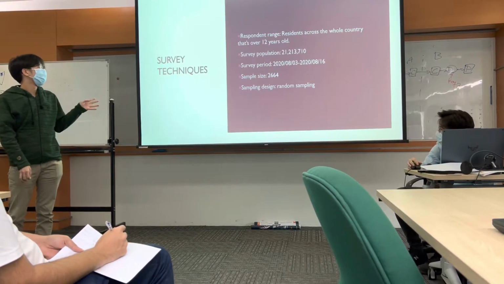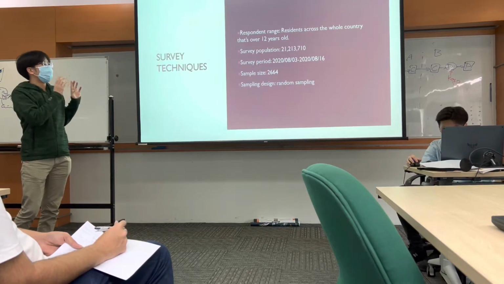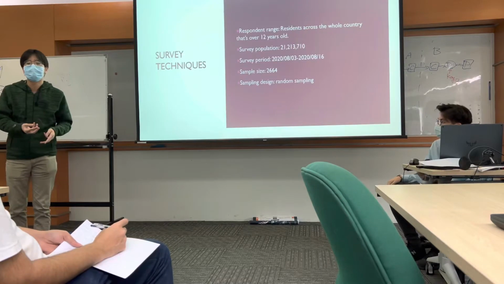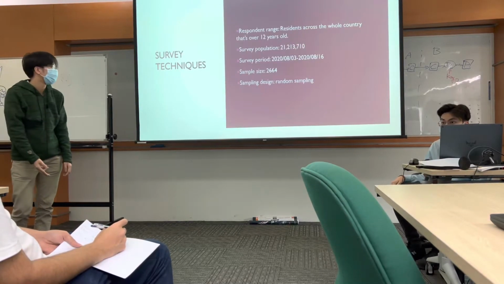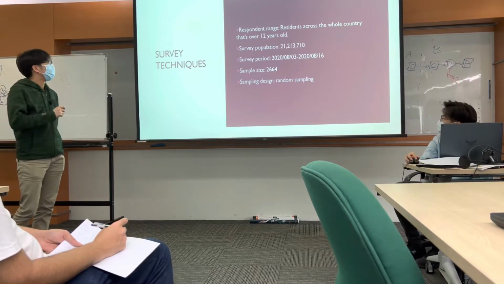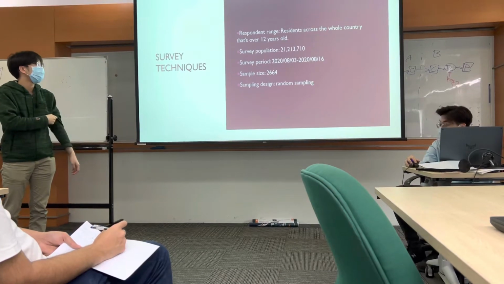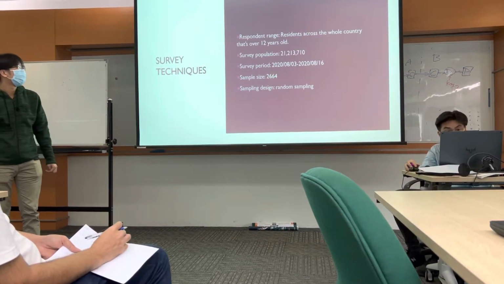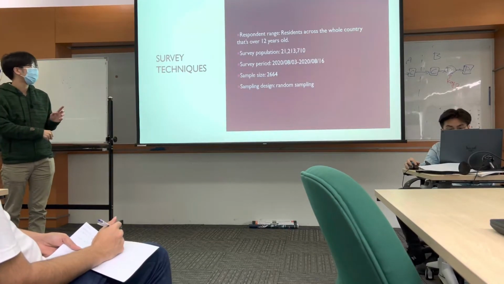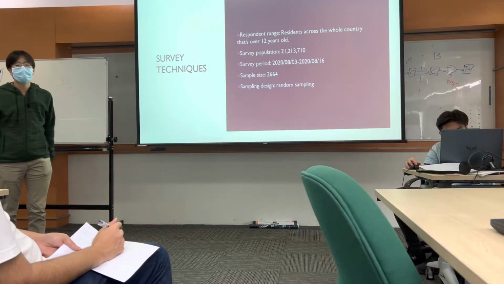The survey population, when the survey was conducted, meeting the requirements of 12 or over 12 years old, is about 21.2 million people. The survey period is between August 3rd, 2020 and August 16th, 2020. And the sample size is 2,664 people. And the design is random sampling.